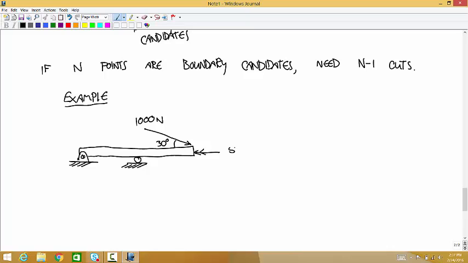And let's say that there's a torque on the end of 500 Newton meters. What are the internal loads? Well, the first thing we have to do is calculate the external loads.